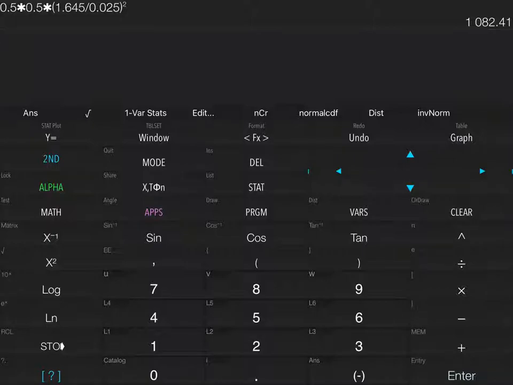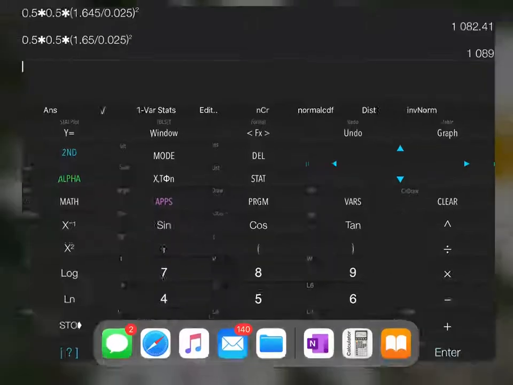1,083 people. Now keep in mind, if you do round your z of alpha over 2 and you use 1.65, you're going to get 1089. So I believe the back of the book says 1089, but depending on what your professor wants for your z of alpha over 2, you might get two different answers, but either one is good.